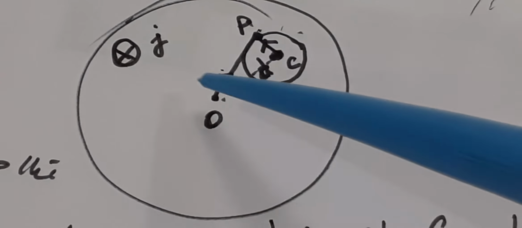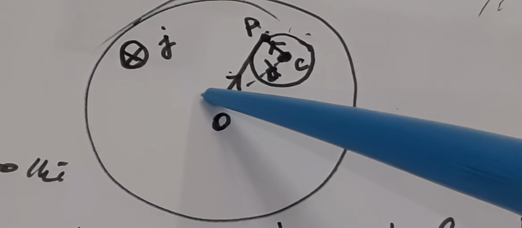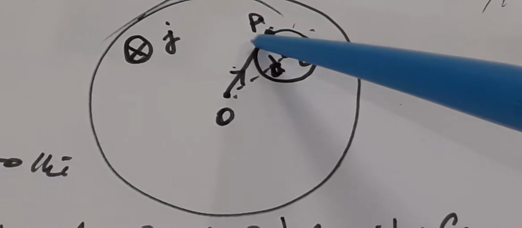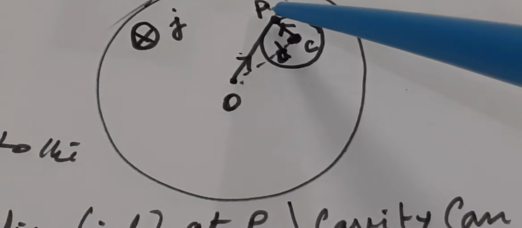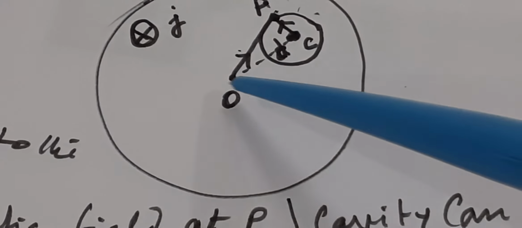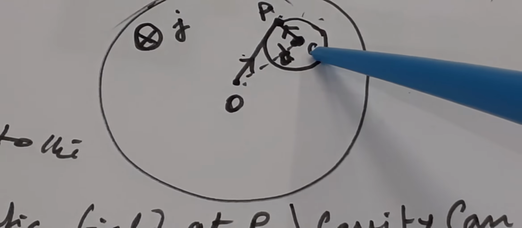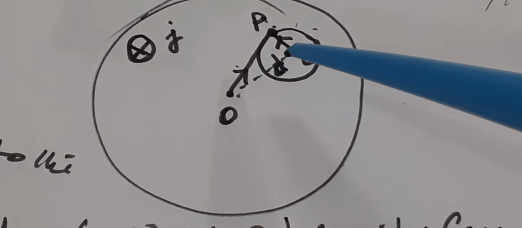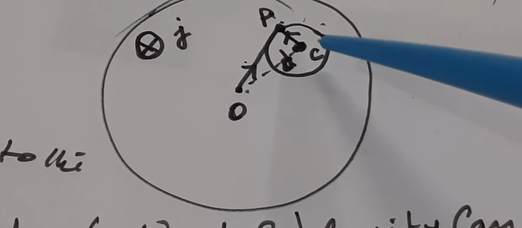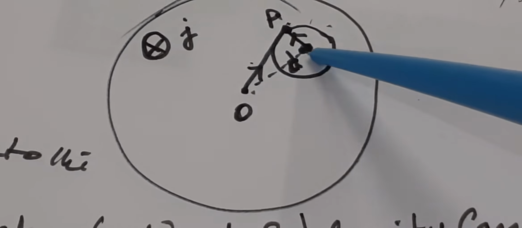That means we got this one. From the starting point to the end point here, OP plus PC vector is OC vector. As we are interested in this one, this direction is opposite.